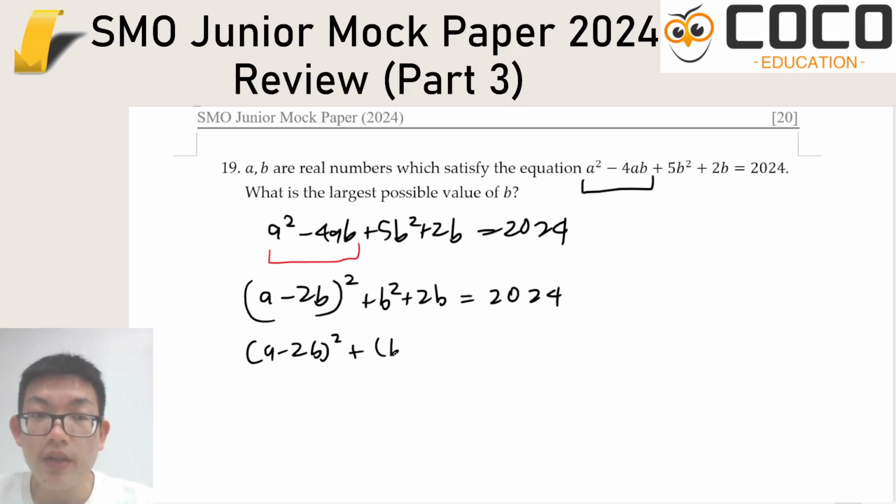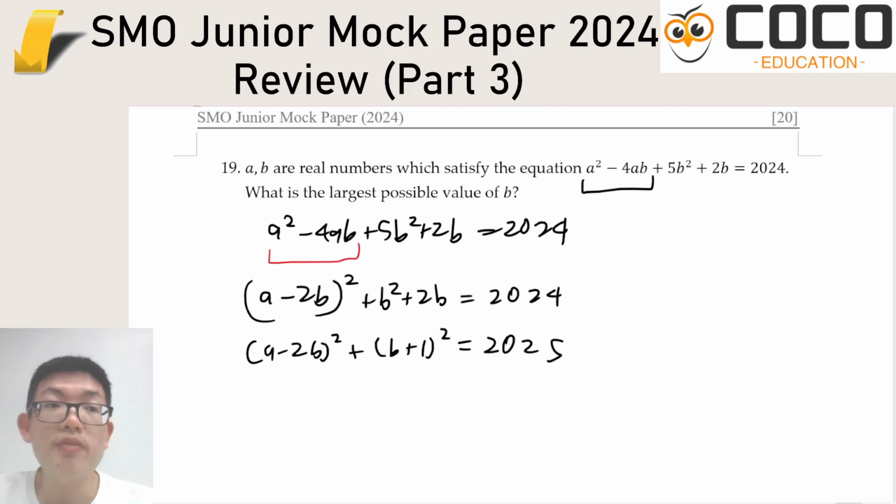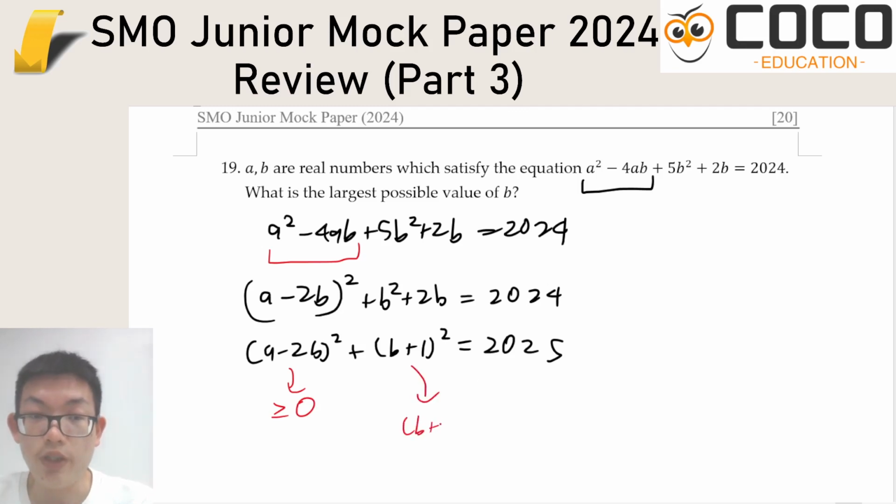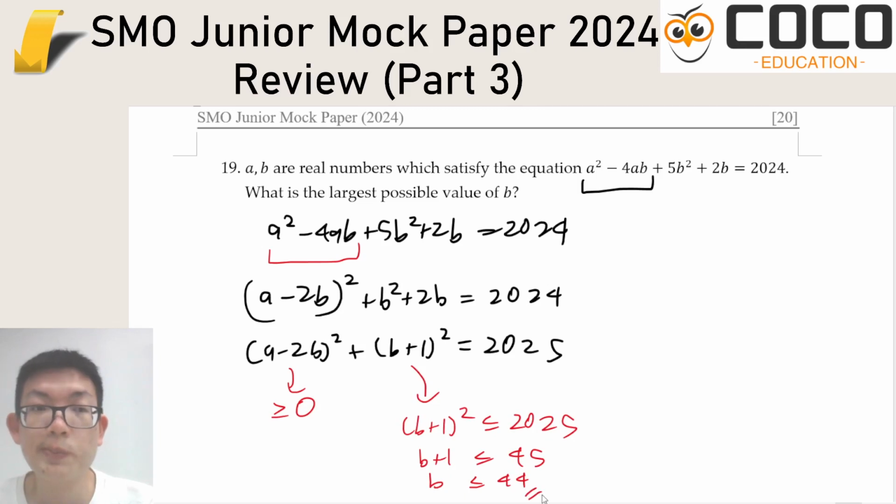It's very tempting, and we certainly should complete the square for the B part as well, because it means that the largest possible value of B, this is non-negative, so therefore the most that this can take is the 2025, which is 45 squared, so B is at most 44.